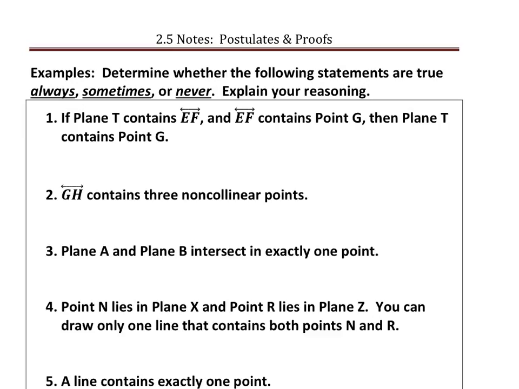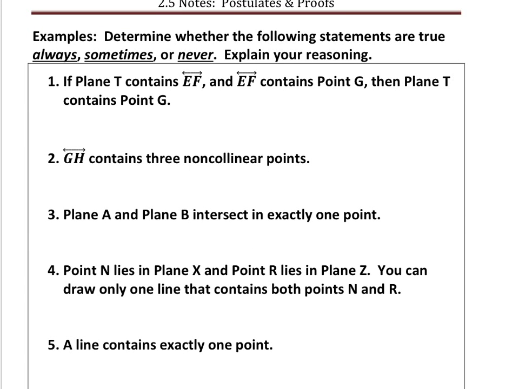All right, let's take it a little bit slow and start to practice before we get into some big proofs. Let's practice using and understanding these basic postulates and axioms involving points, lines, and planes. The way I'd like to do that is look at a series of statements, and I want you to determine if the statement is true always, sometimes, or never.